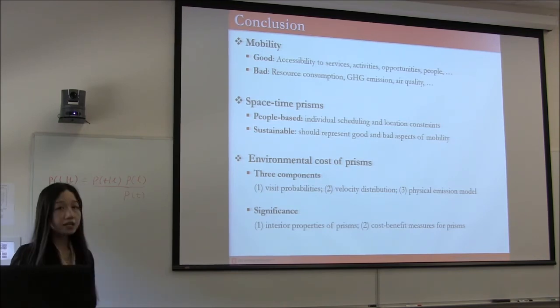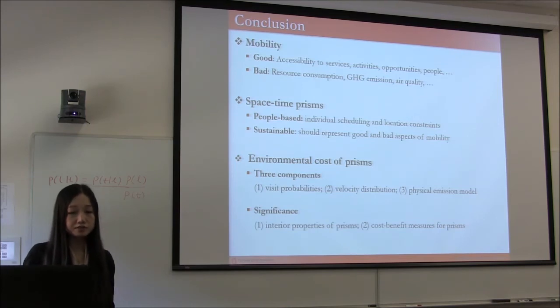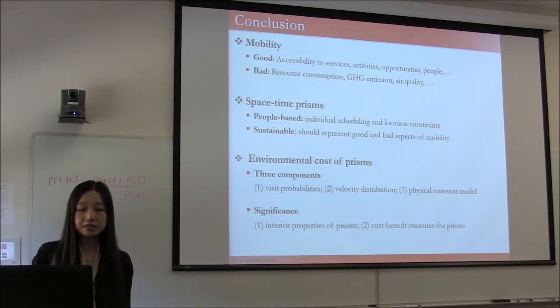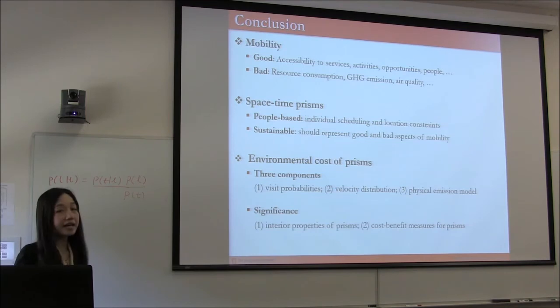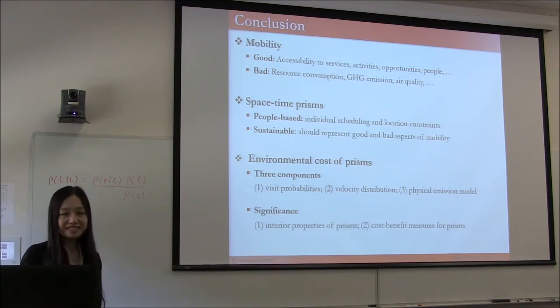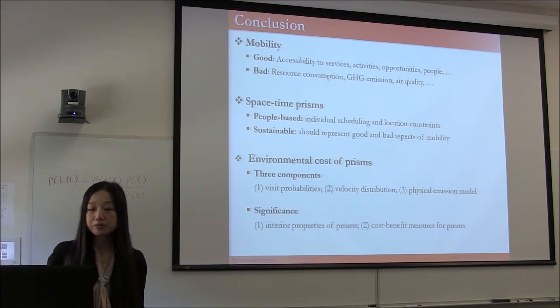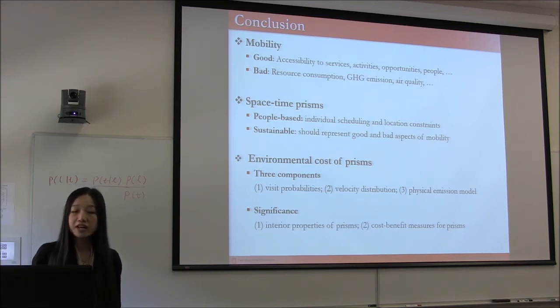The second is the velocity distribution at the space-time locations. Then we combine with the physical emission model to estimate the cost. The significance of our research is that it will complete the analytical time geography by exploring the interior property of the prism, and can also serve as the foundation to develop cost-benefit measures.